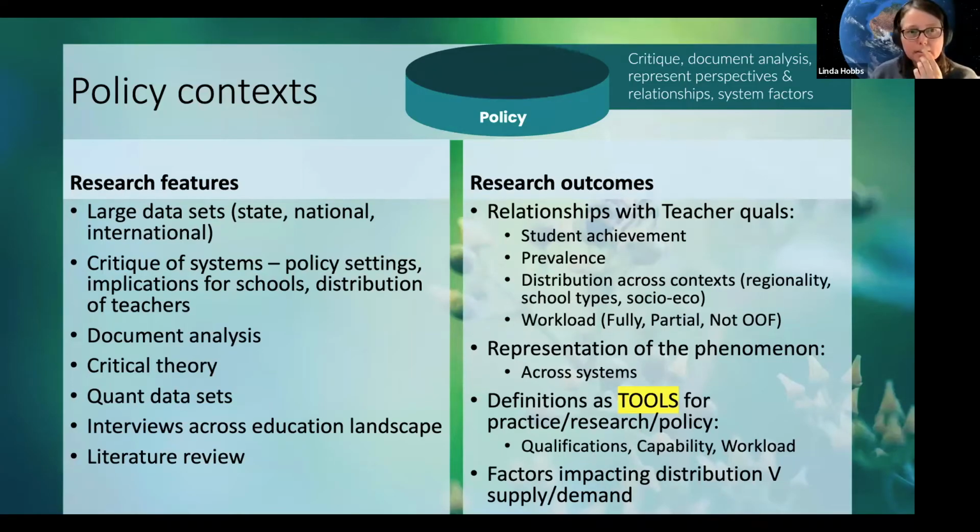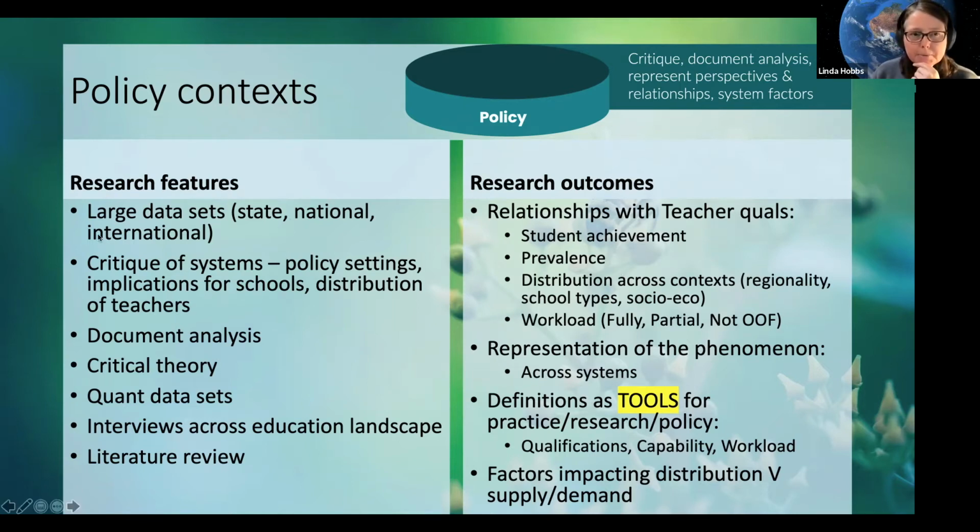Thanks, Raphaela. In looking through the chapters and the key foci for the different chapters that we've got, and then looking at the research features and the outcomes that emerge, I think it's useful to look at what's actually coming out of research when you compile them all together.